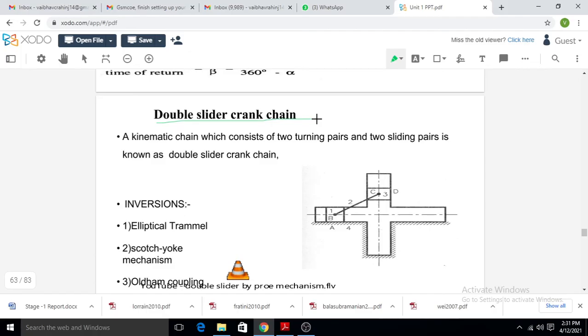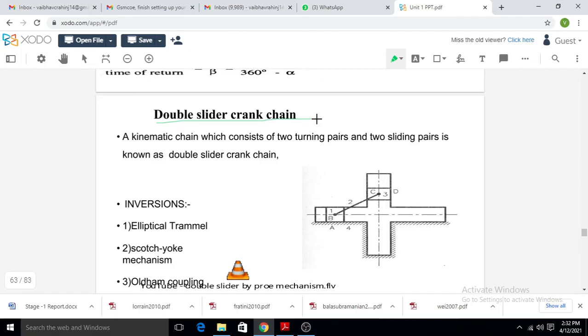The example of the single slider crank mechanism is the reciprocating engine mechanism. We discussed the oscillatory cylinder engine, then the crank and slotted lever mechanism, the rotary engine, the Whitworth quick return mechanism, and the hand pump.